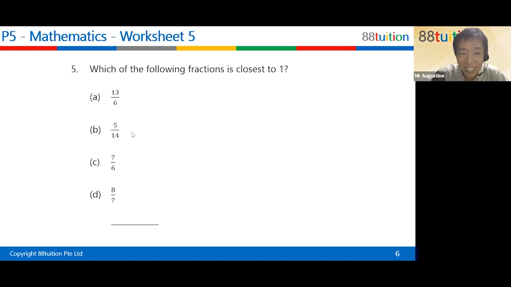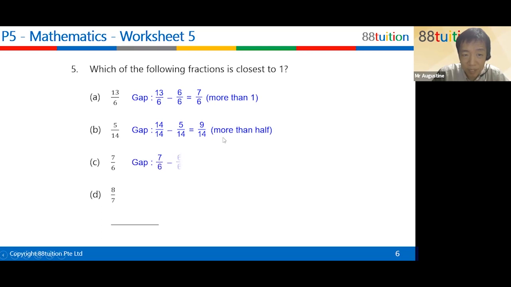So now let's see the difference, or the gap, as you saw earlier. So we find the gap. For C, the gap is 1/6. For D, the gap is 1/7. So if you want the smallest gap, you have to select the larger denominator, right?